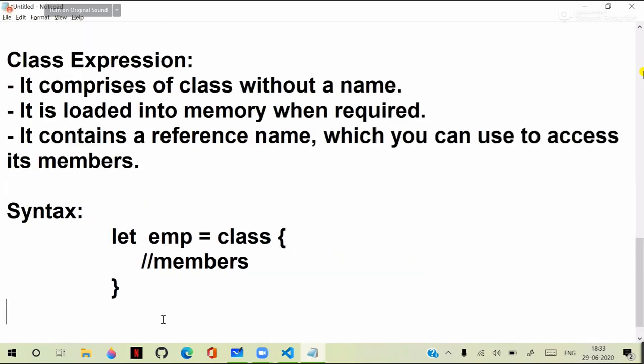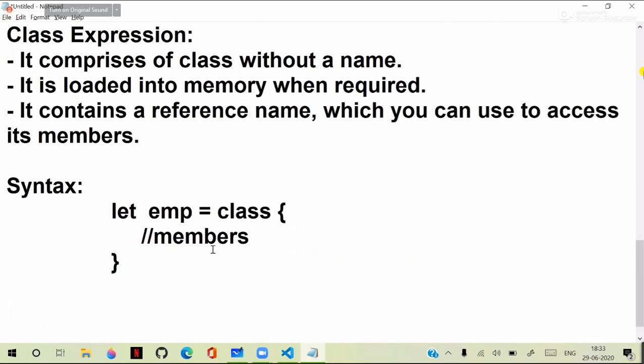Now as a developer, the first important thing for us is when to use these two. What is the difference here? When to use a class as an expression and when to use a class as a declaration? Can you tell me when to use a class as an expression? What do you think about it?